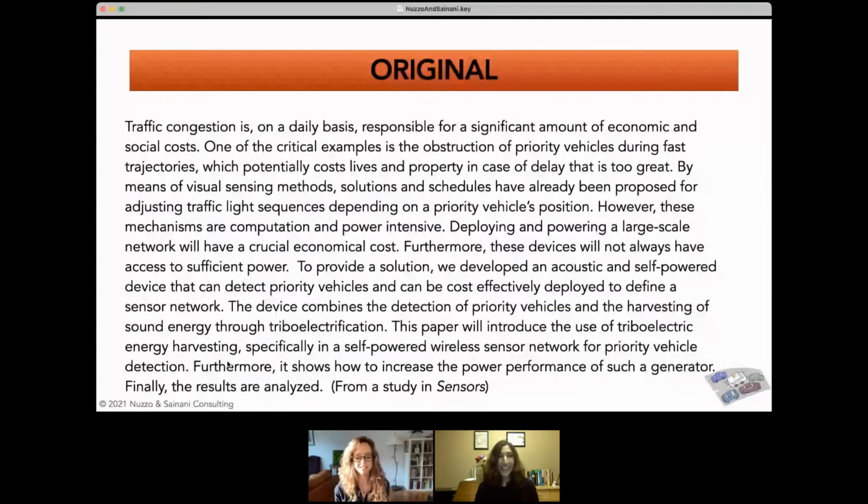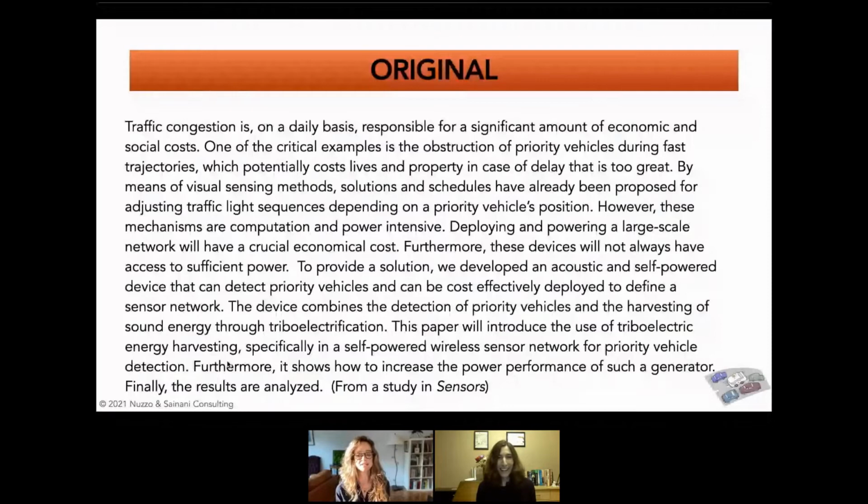This is from a study in Sensors, and I'm just going to read it, Kristin, and then you give me your opinion of it. Traffic congestion is, on a daily basis, responsible for a significant amount of economic and social costs. One of the critical examples is the obstruction of priority vehicles during fast trajectories, which potentially cost lives and property in case of delay that is too great.